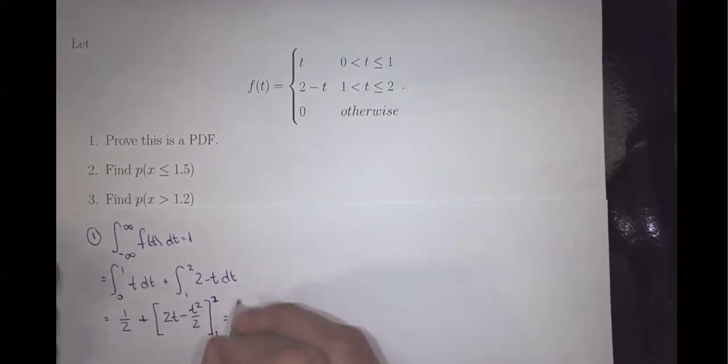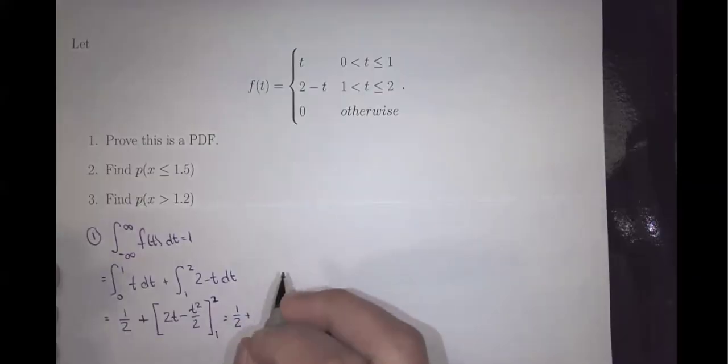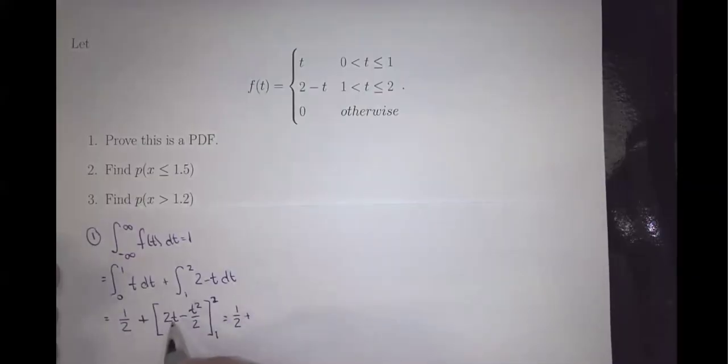Okay, so this is a half plus, plug in 2, you get 4, minus t squared over 2 is 4 over 2.